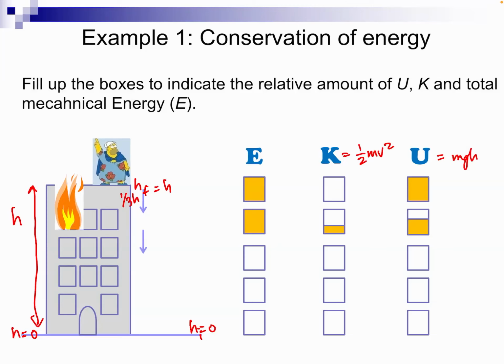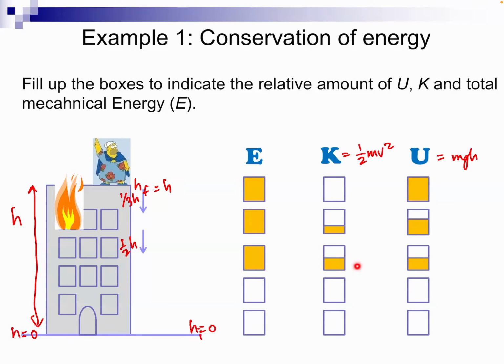Halfway through, you probably start to see a pattern here. Potential energy will be half. Where did that half of the original potential energy go? It went to kinetic energy. When we learn about free fall, an object freely falling will increase its speed as it falls down, right?